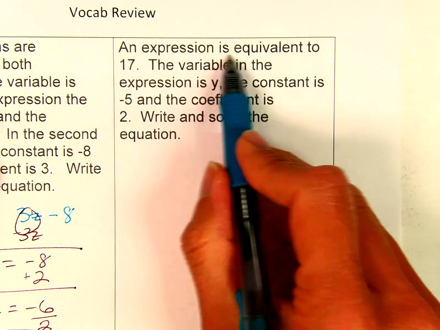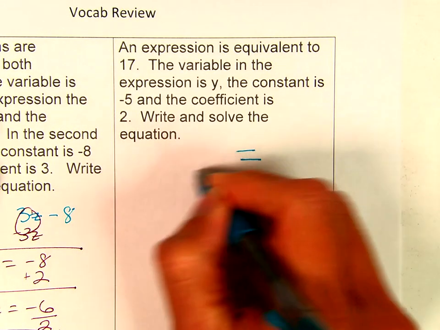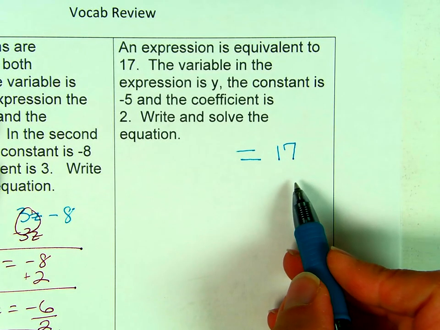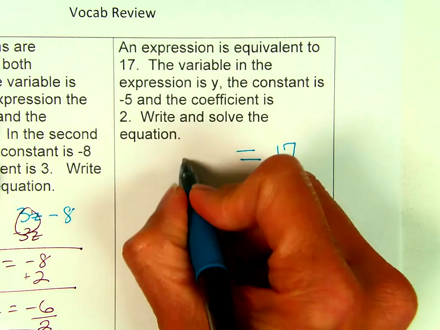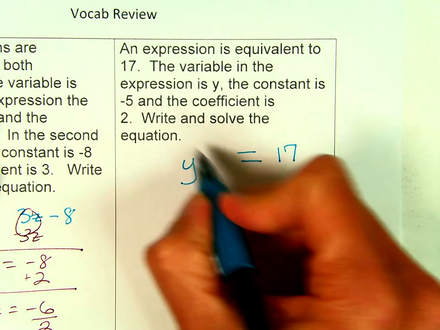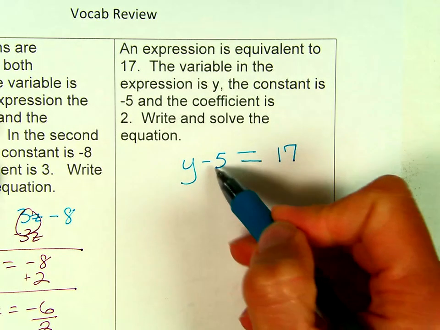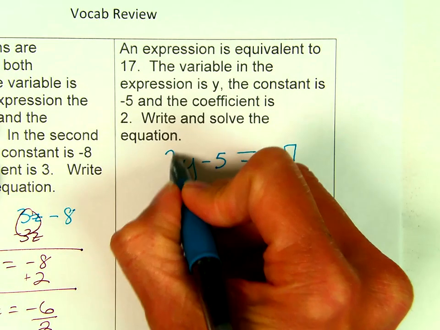An expression is equivalent to 17. Okay, now I know I have an expression that is equivalent, equal to 17. So on this side, I just have a 17. The variable in the expression is y. The constant in the expression is -5. If it said +5, then I would put +5, but since it says -5, I put -5. The coefficient is 2.